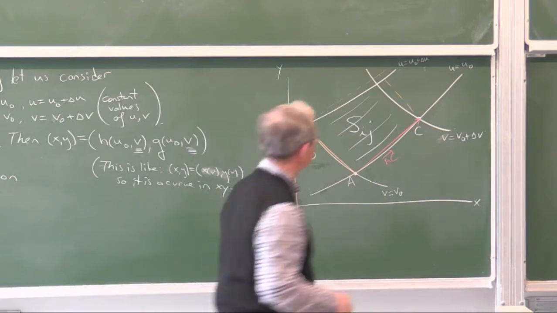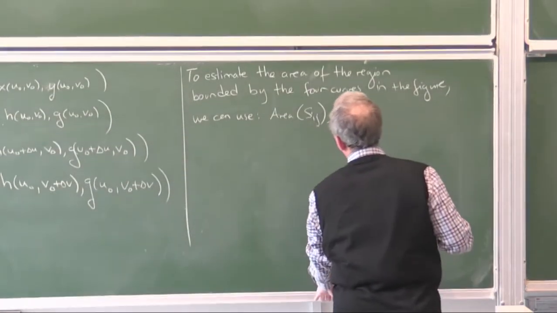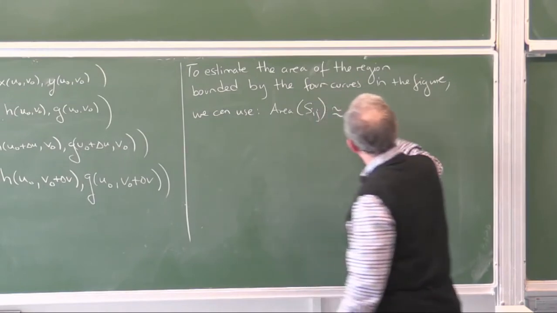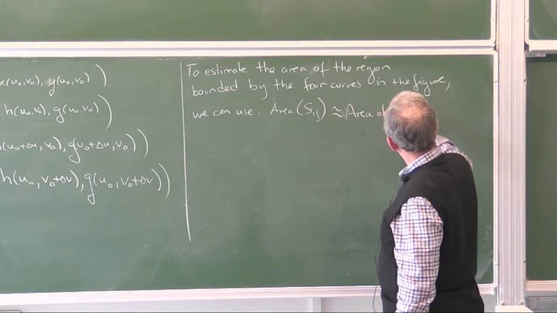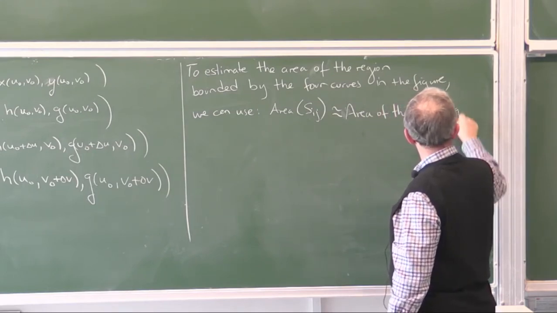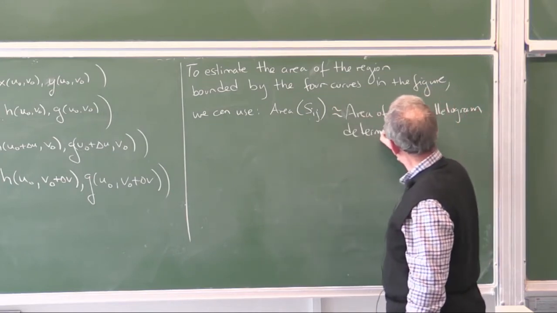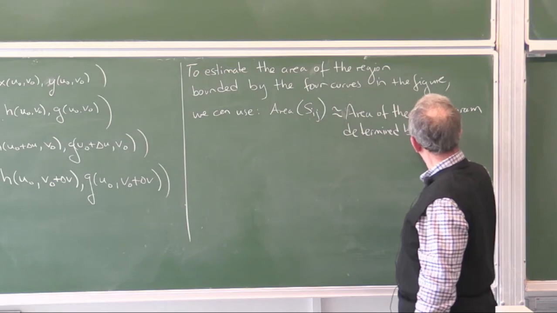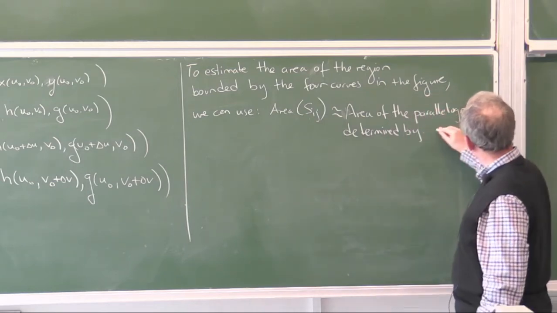So, going back to this figure, this is approximately the area of the parallelogram determined by AC cross AB.